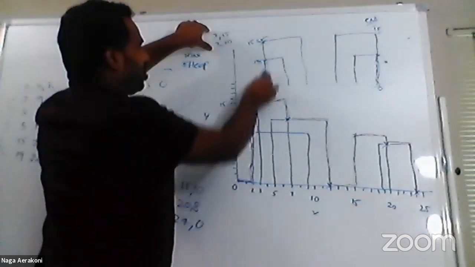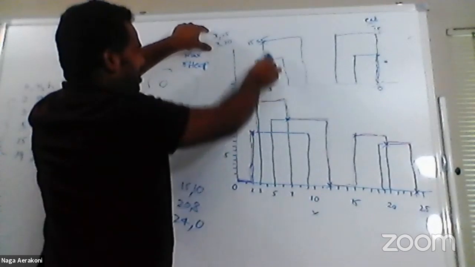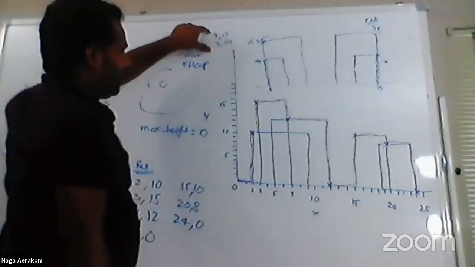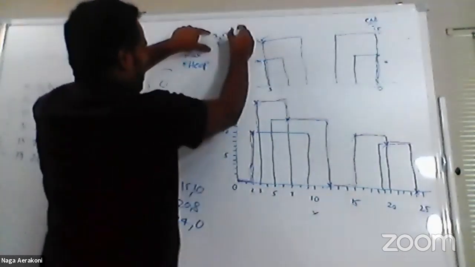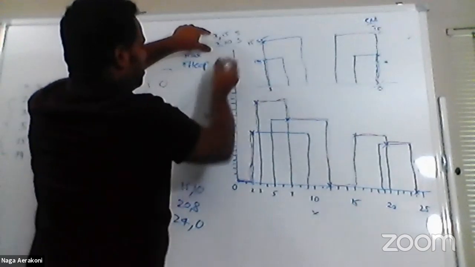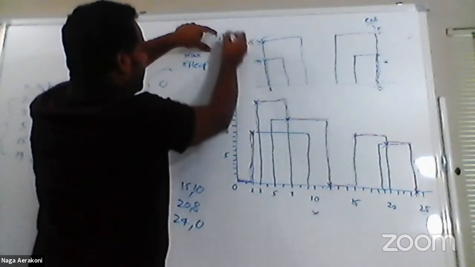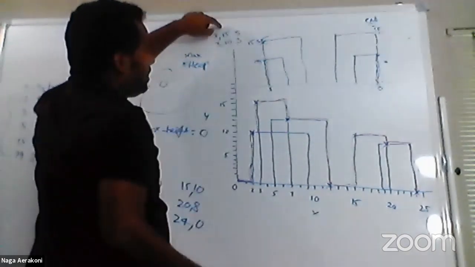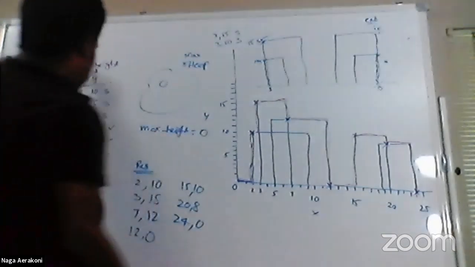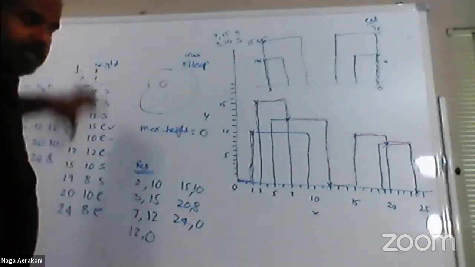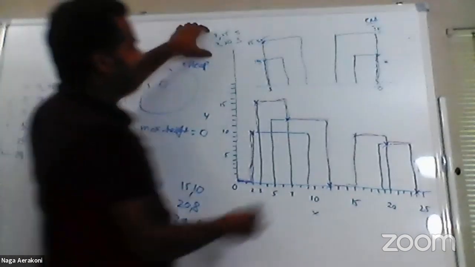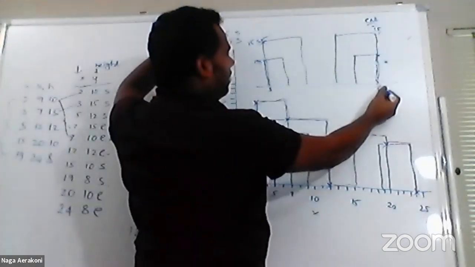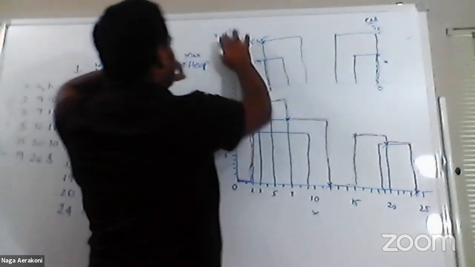I'm talking only with respect to starting points. If you have 2 building points, both are start, you just need to make sure that whichever is the highest height comes first in your sorted order, whatever list you are keeping. But for the ending building, you need to reverse this.